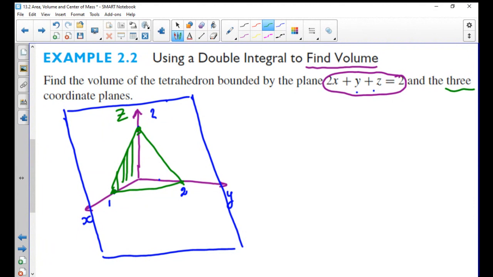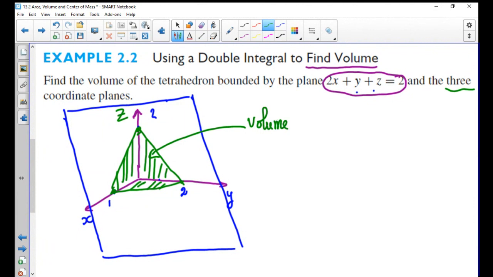So you have three planes, one here, and the bottom one is like this. So basically, what we are getting is this plane and then the three sides like that. So what we want is the volume of this region.